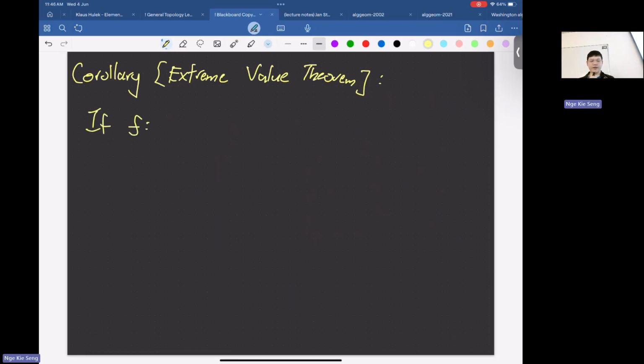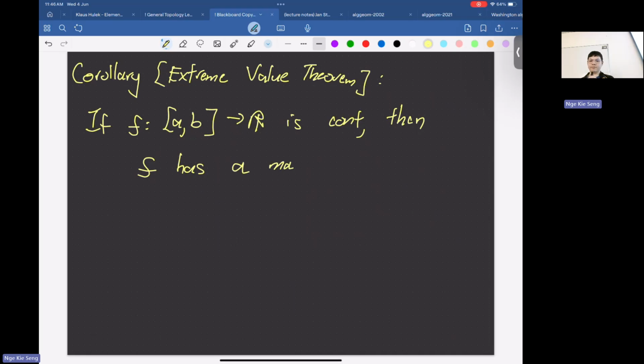If f is a continuous function from a closed interval to R, then f has a maximum and minimum over this [a,b] here.